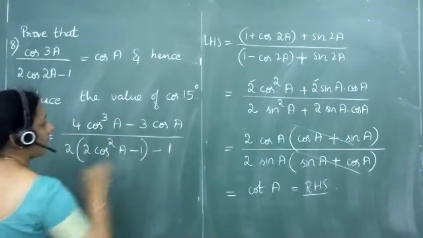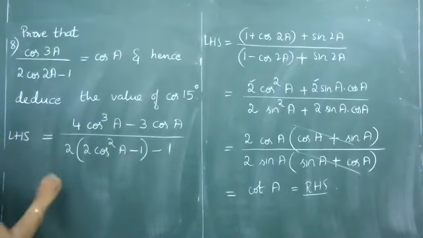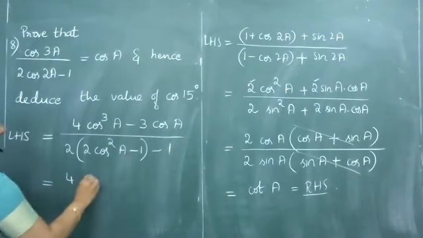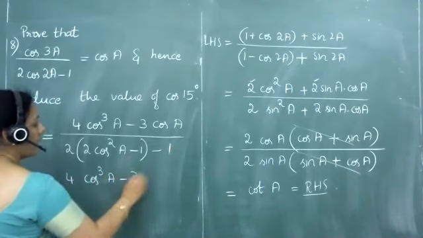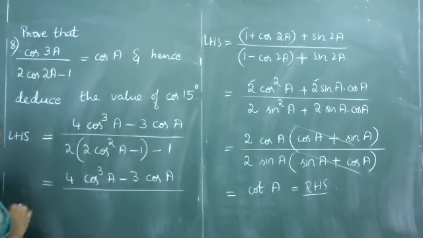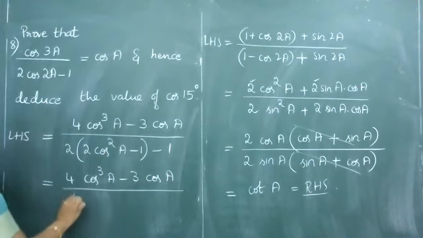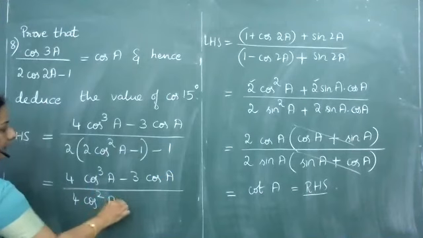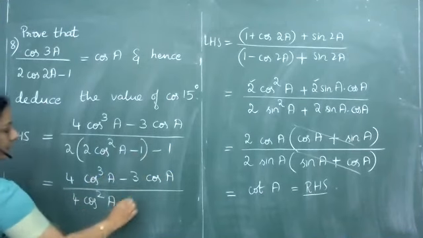The minus 1 in the last term, we will keep as it is. Simplify further: 4 cos cube A minus 3 cos A whole divided by, removing the brackets in the denominator, 4 cos squared A minus 2 minus 1.